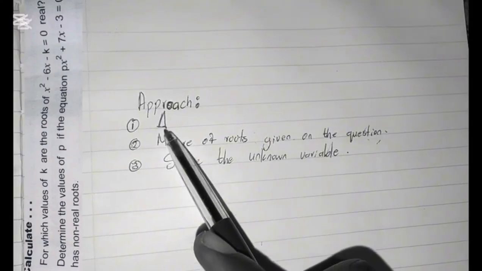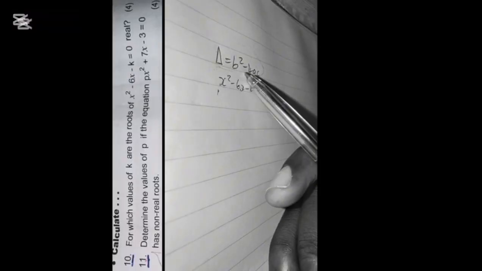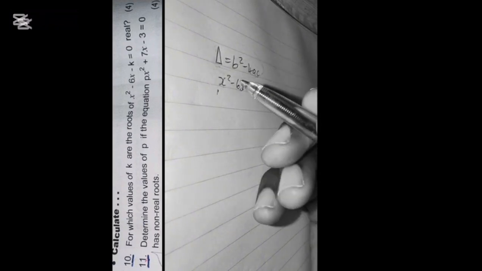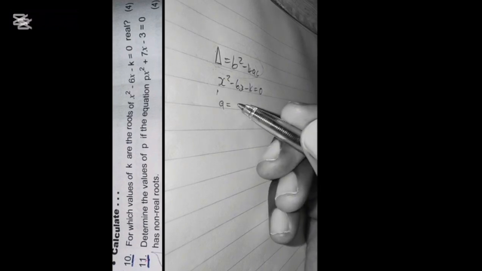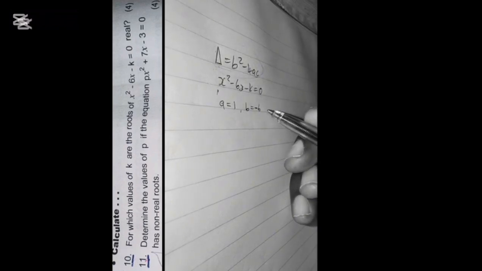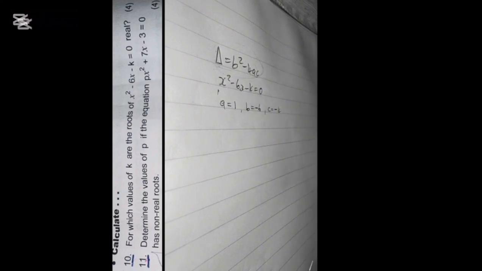So now back to our question. Let's start by finding the discriminant. Remember that we used this formula to find our discriminant. In this equation, our a will be equal to 1, our b will be equal to negative 6, then our c will be equal to negative k.